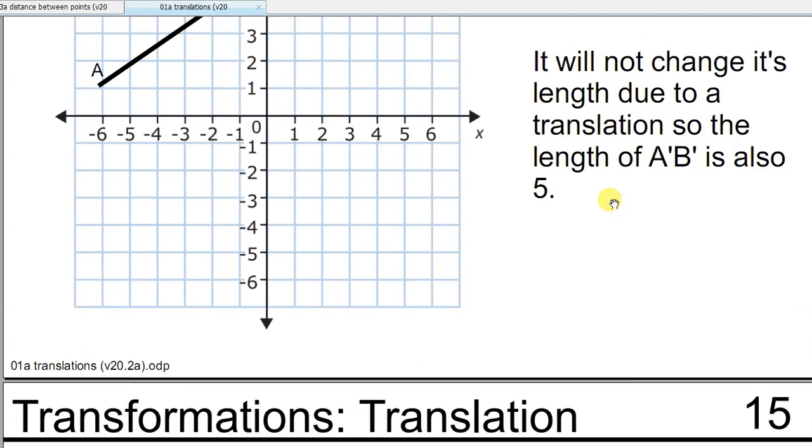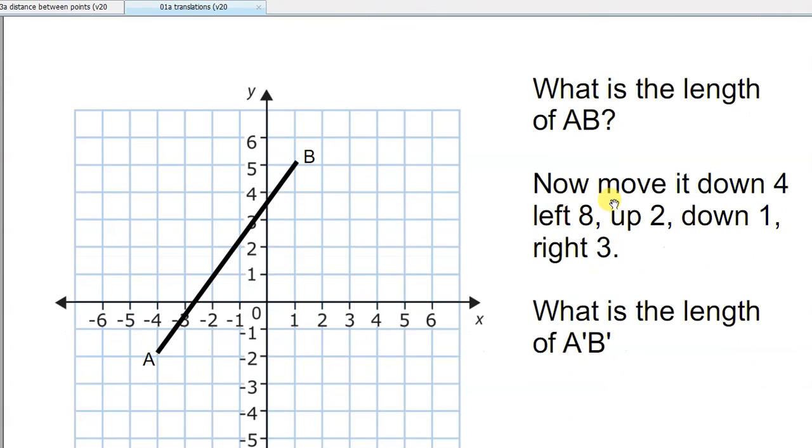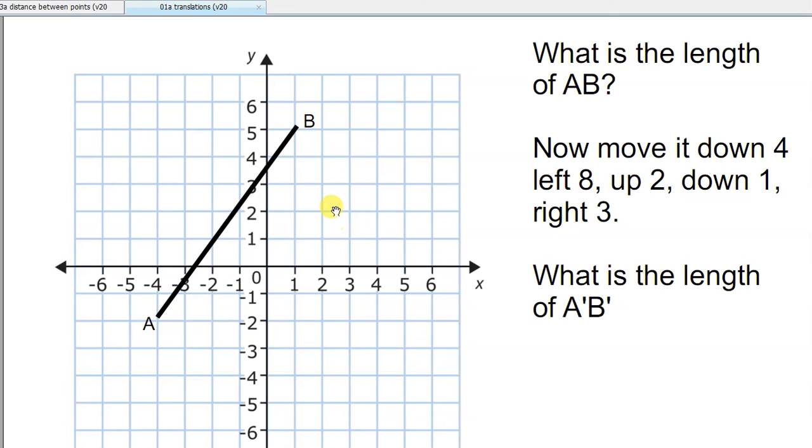So we use the Pythagorean Theorem. Same type of idea here. I have this segment. I want to find the length of it, and then the length of it once it's moved. Once it's moved, it's going to be the same length. But let's find the length of it, turning it into a right triangle. 1, 2, 3, 4, 5. This is 5. 1, 2, 3, 4, 5, 6, 7. This is 7.